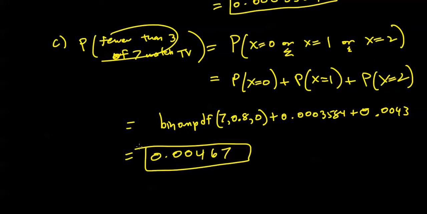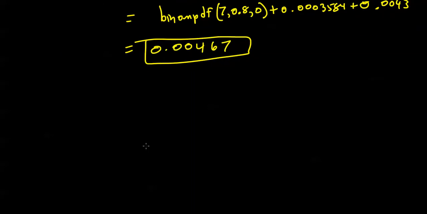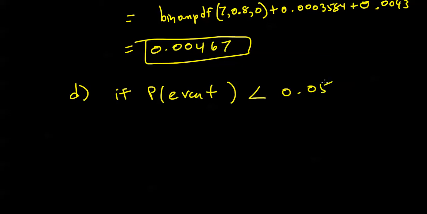Alright, so there's A, B, C, and D. They ask us kind of a critical thinking type question. It says, if we randomly select 7 adults, is 2 an unusually low number for those who watch prime time TV live? Well, if the probability of some event is less than 0.05, we claim that event is unusual.